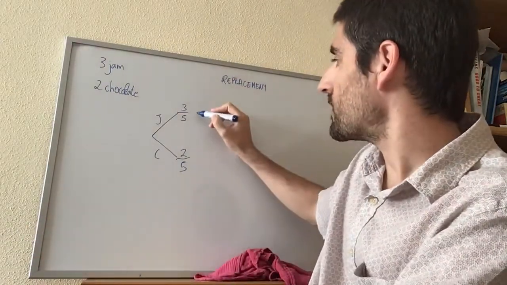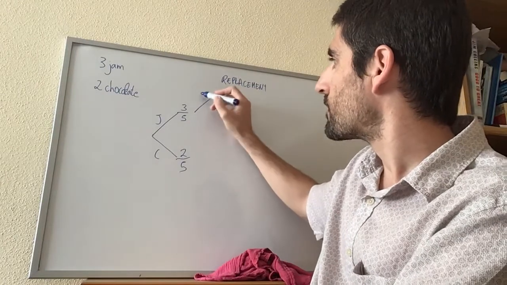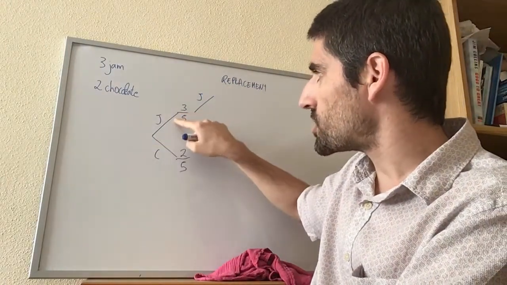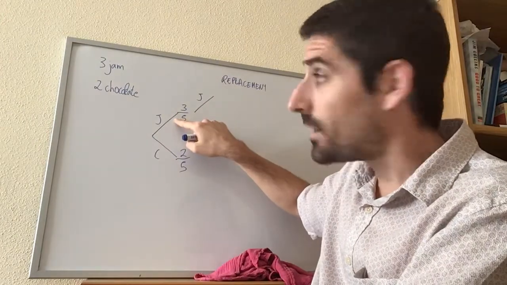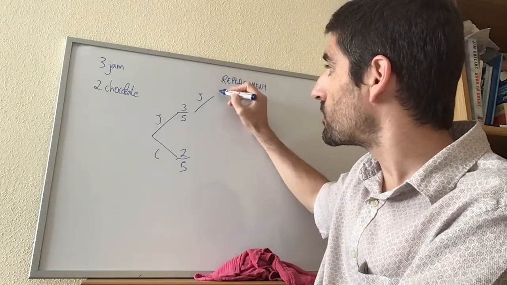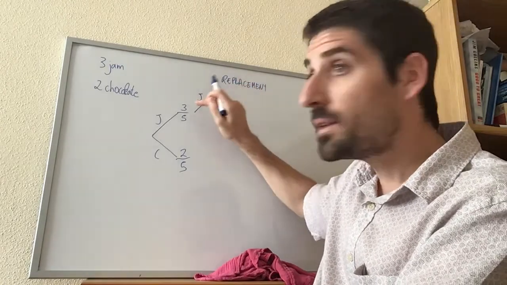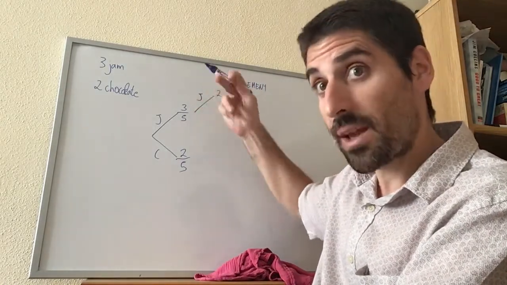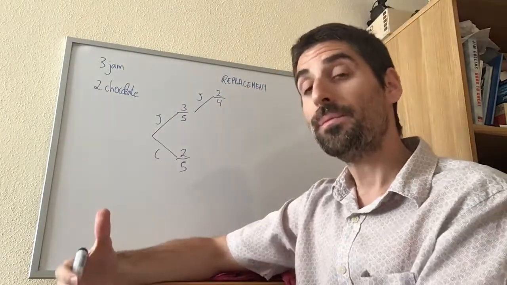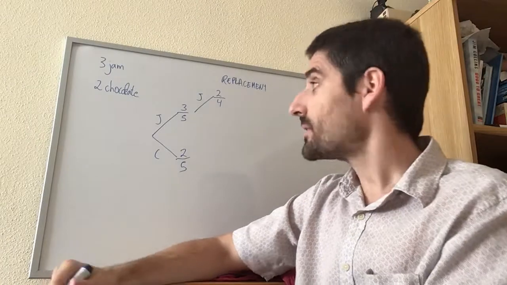Now the second donut, right, this is where I need to be careful. If the first donut was jam, and I ate it, what's the probability of the second donut being jam? Well, it's going to be 2, because there's only 2 jam donuts left, out of 4, because there's only 4 donuts left now.